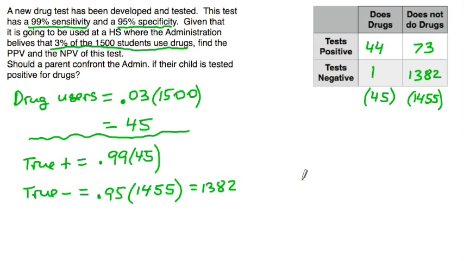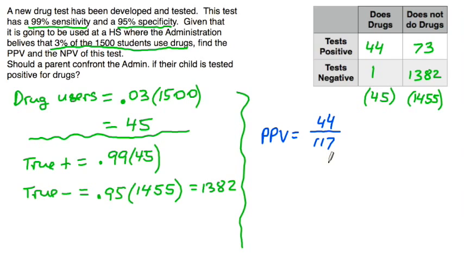Okay. So let's find the PPV of this. The positive predictive value. If you tested positive, what is the probability that you actually use drugs? So that would be the true positives, 44, over all of the positives, which would be 117. I better double check my mental math. Oh, never been good at that. Yeah, 117.